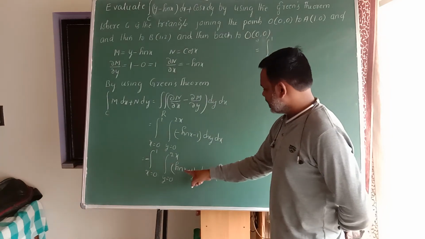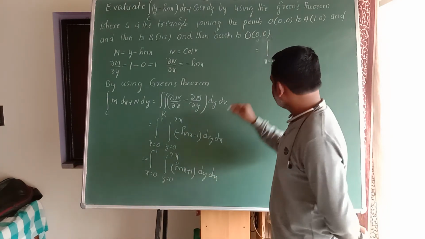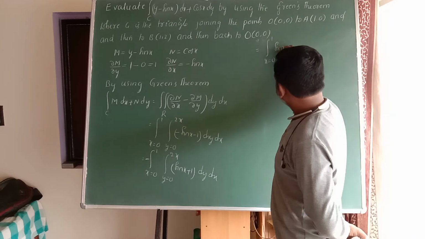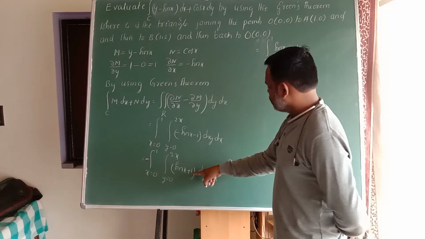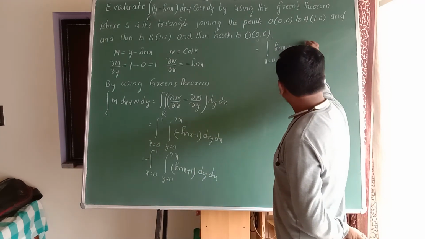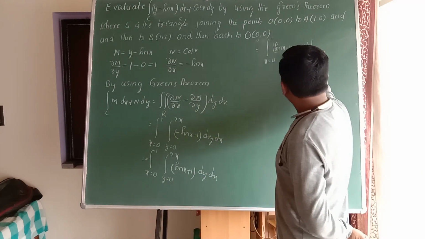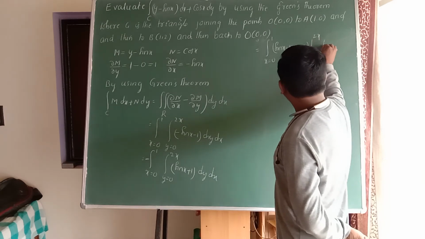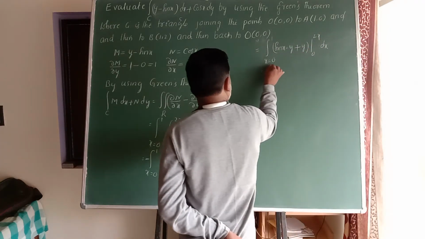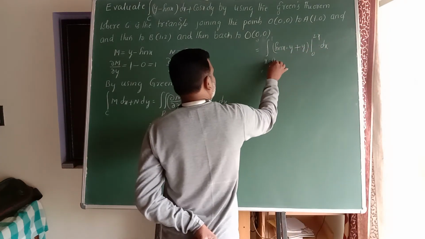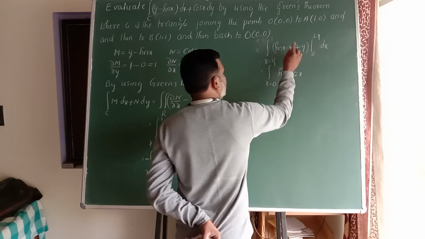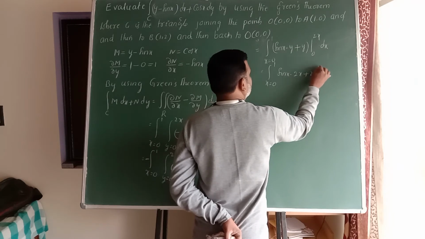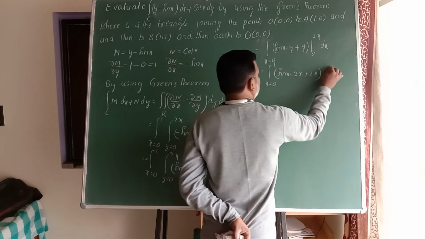If you integrate sin x with respect to y, sin x is a constant, so sin x into y, plus integral of 1 with respect to y is y, from 0 to 2x into dx. That is equal to x is equal to 0 to 1, sin x into 2x upper limit plus y is 2x, lower limit is 0, then it becomes dx.